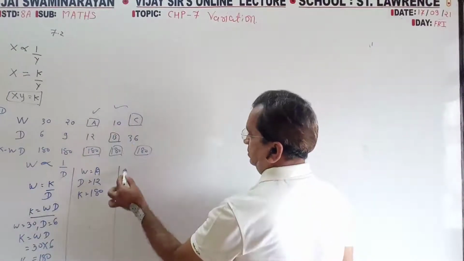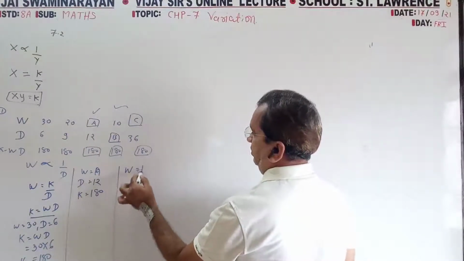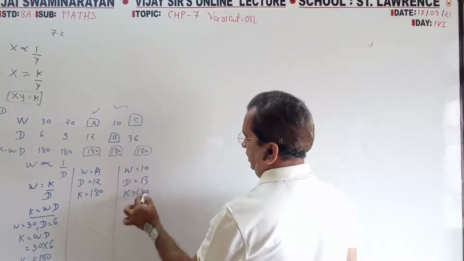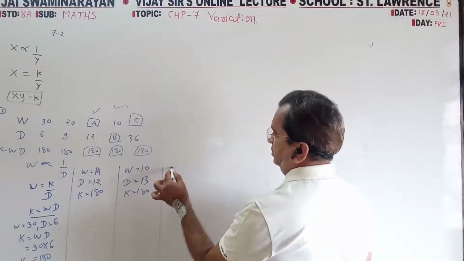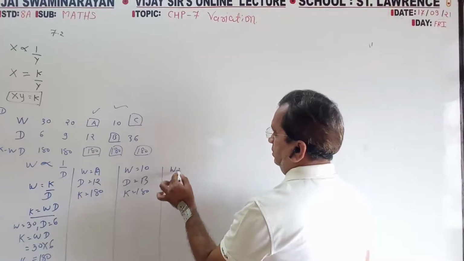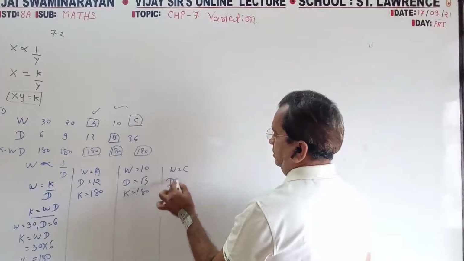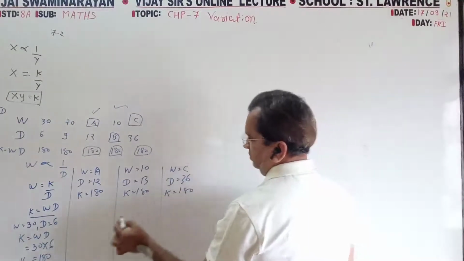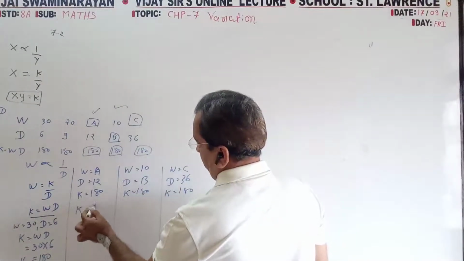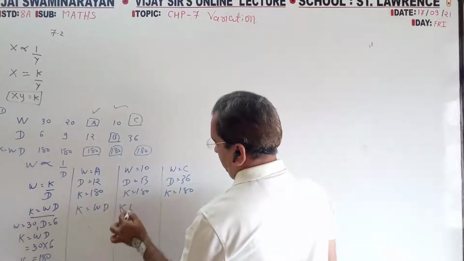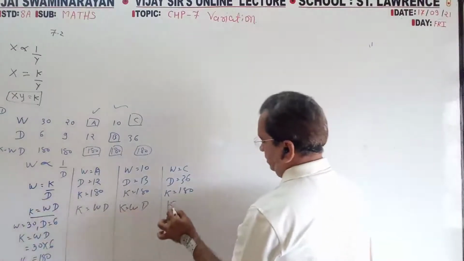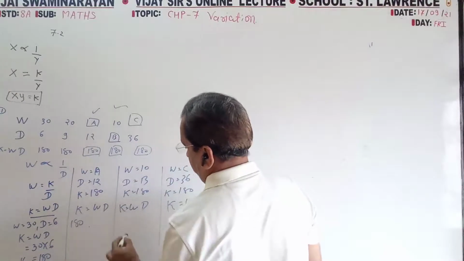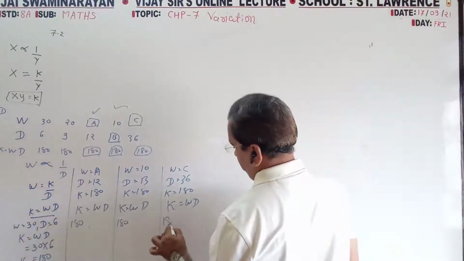Now W is equal to 10, D is equal to B, K is equal to 180. K will be the constant for all sums. Third, W is equal to C, D is equal to 36, K is 180.